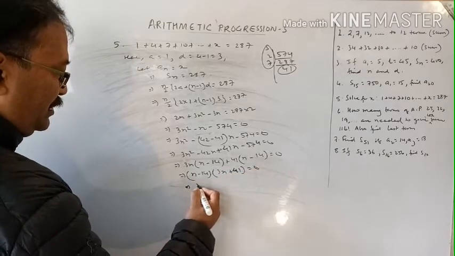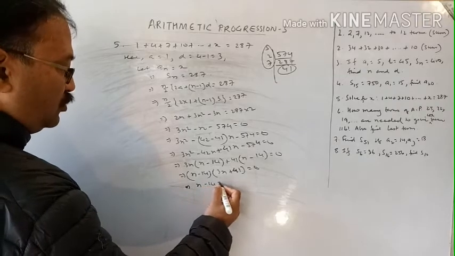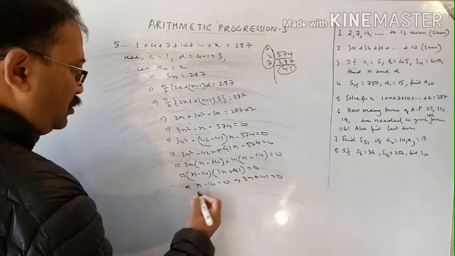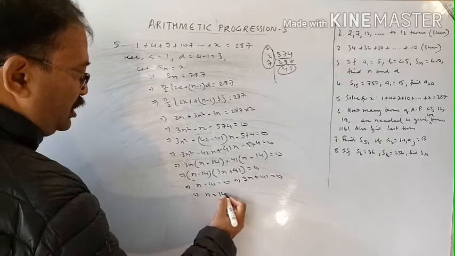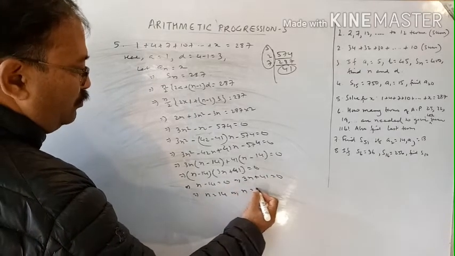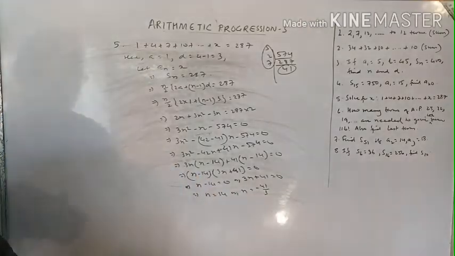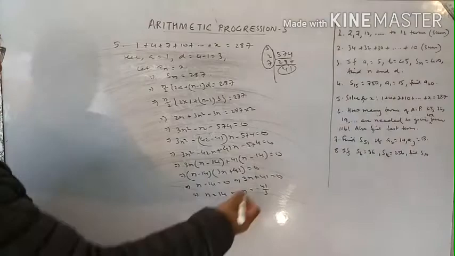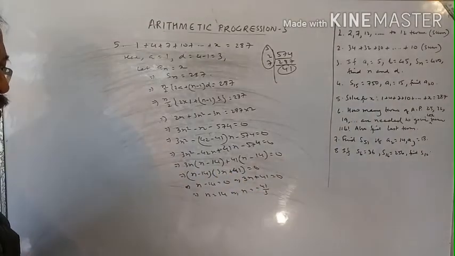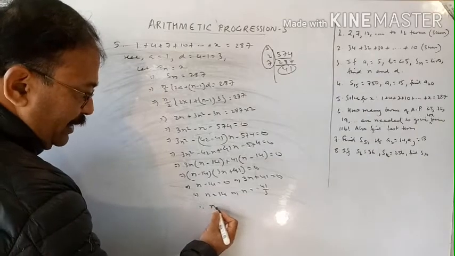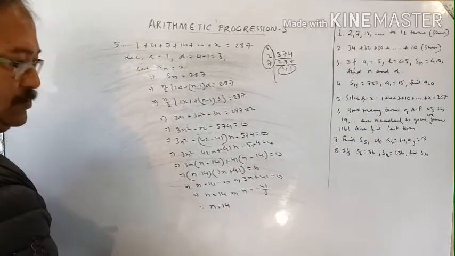This implies n minus 14 equal to 0 or 3n plus 41 equal to 0. This will give you n equal to 14 or n equal to minus 41 by 3. Okay, but n is the number of terms, so it cannot be negative or fractional here. So therefore we take n equal to 14.